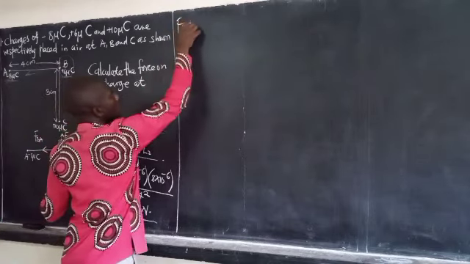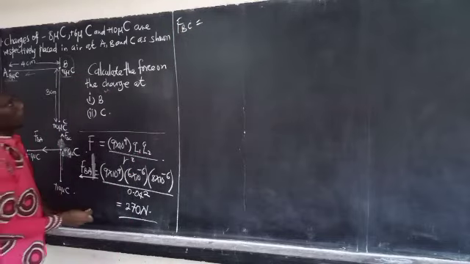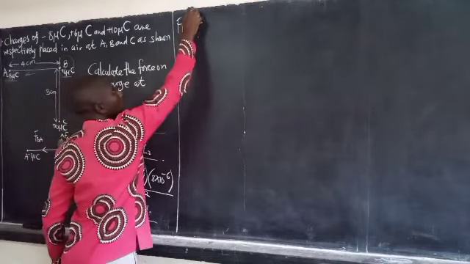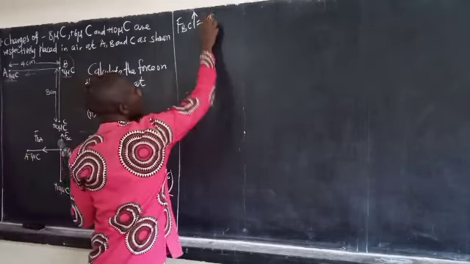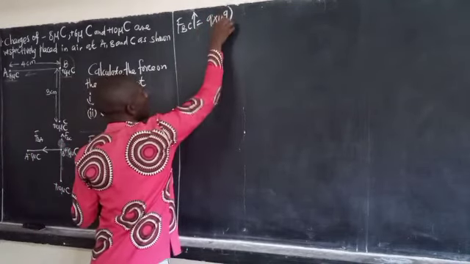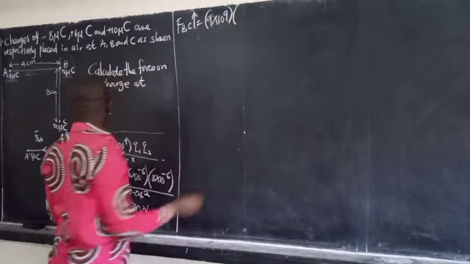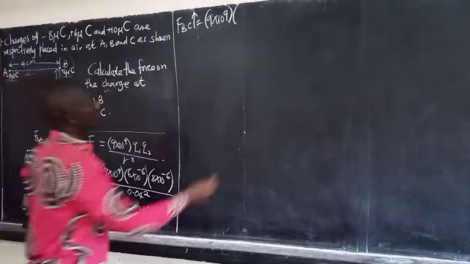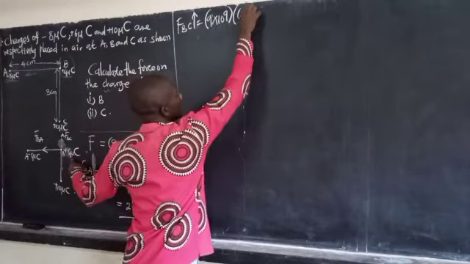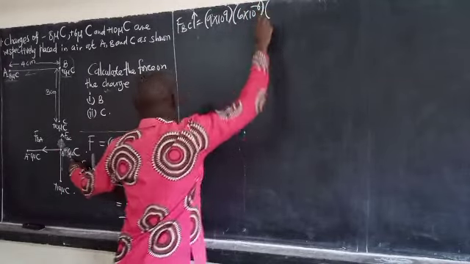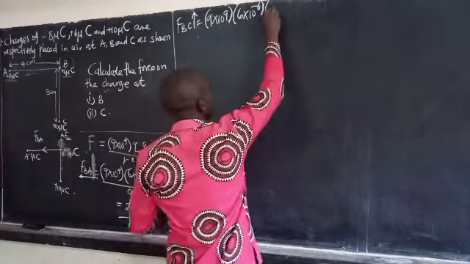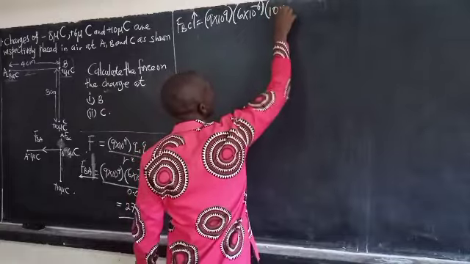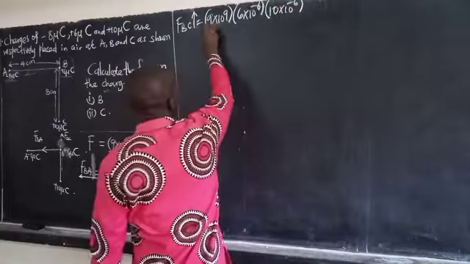Force on B due to C is in the upward direction, and we substitute in our formula 9 exponent 9 into one charge is 6 exponent negative 6, then this one is 10 also exponent negative 6.